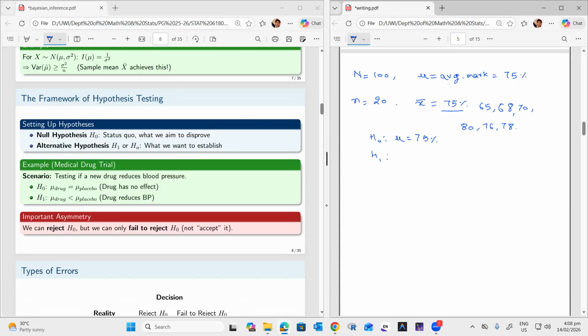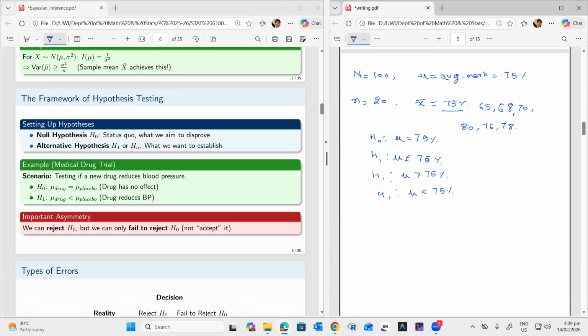There are three possible ways. First is mu not equal to 75%. The second one is mu greater than 75%. And the third one is mu less than 75%.